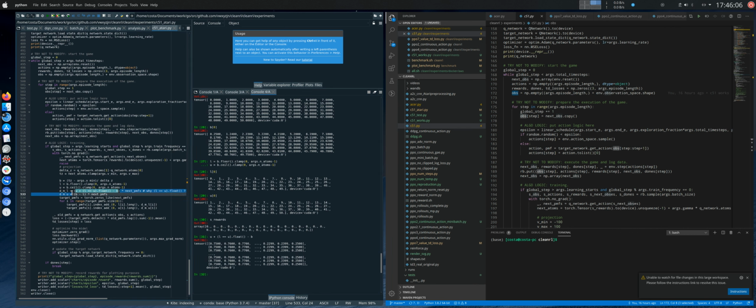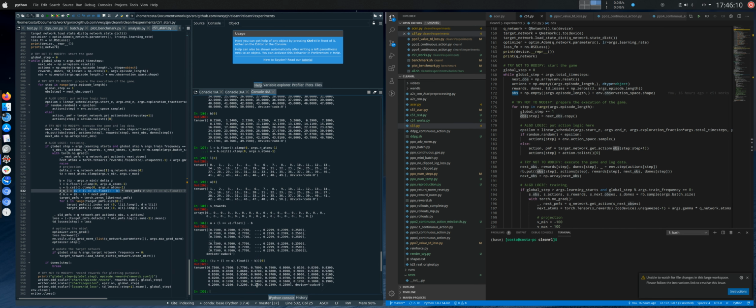What I'm going to do is check the first elements. So what does U minus B give us?